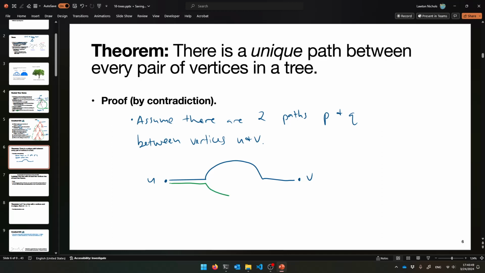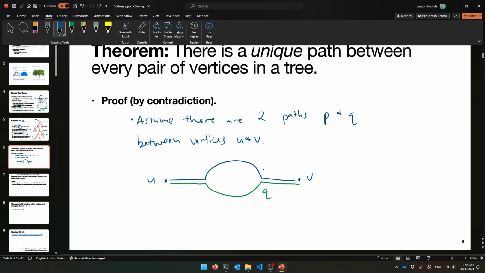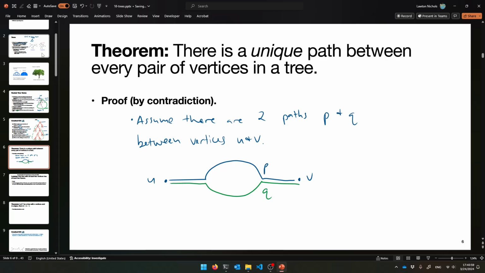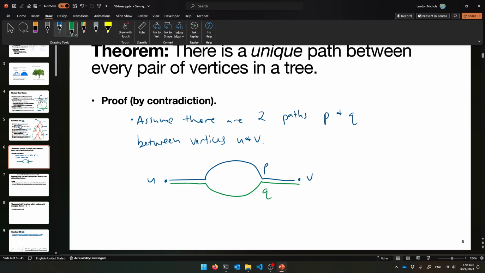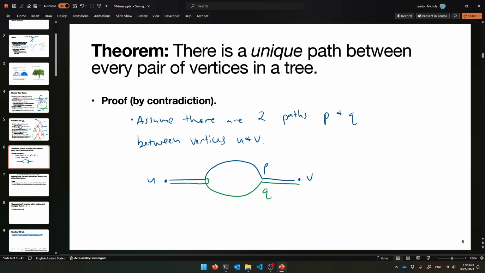So let's talk about a place where they veer off. Let's say this is path Q, and this was path P. Wherever they start veering off, they do eventually have to get back on track because they both at least end at V. That's the idea.